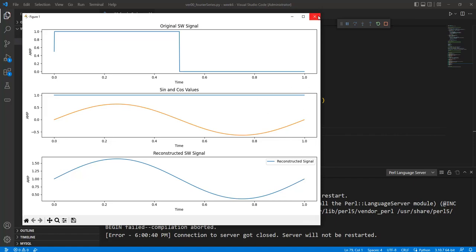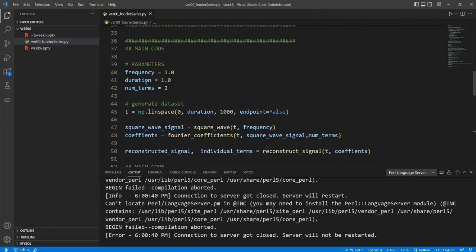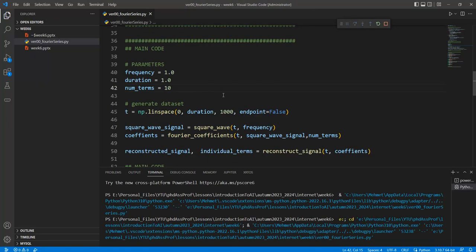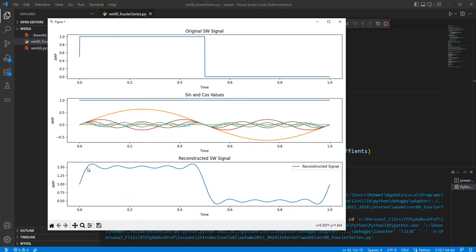Okay, but if I increase the num terms in here like this one, for example 10, and rerun this code, then voila, this is something like the square form in here, and the whole form is a collection of the second figure, right?